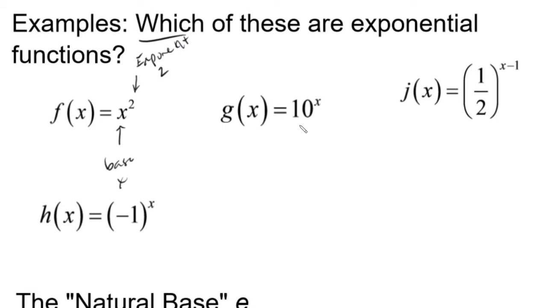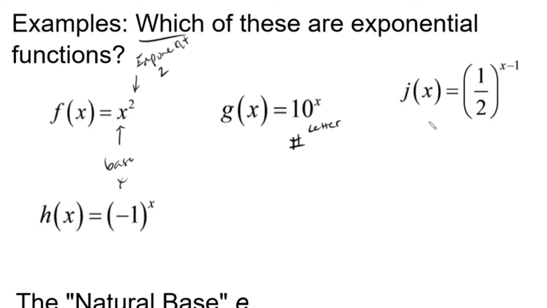How about the next one? Is this an exponential function? The answer here is yes. You've got a number raised to a letter. And the number is not 0, it's not negative, and it's not 1. So we're good. 10 is the base, x is the exponent. How about j of x? Is this an exponential function? Think about it.